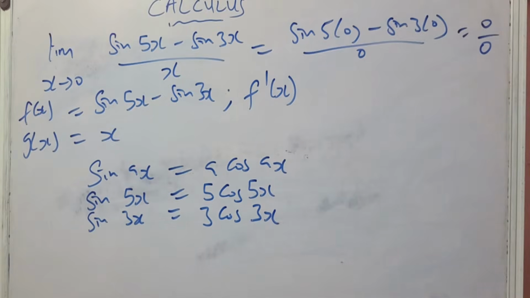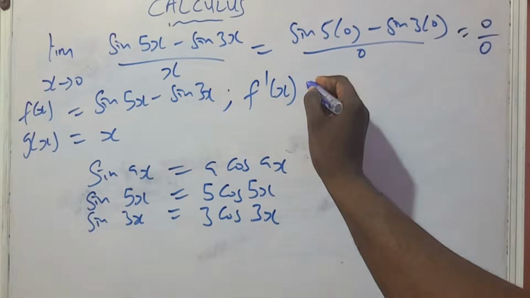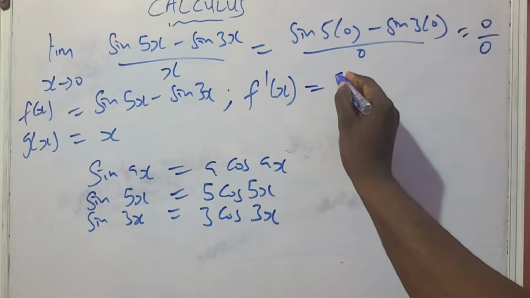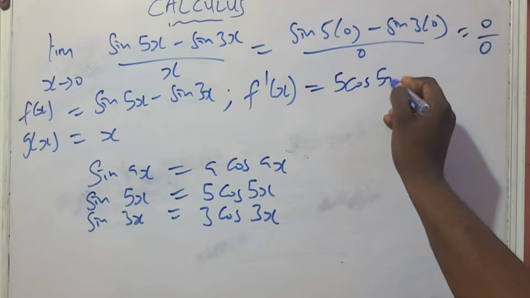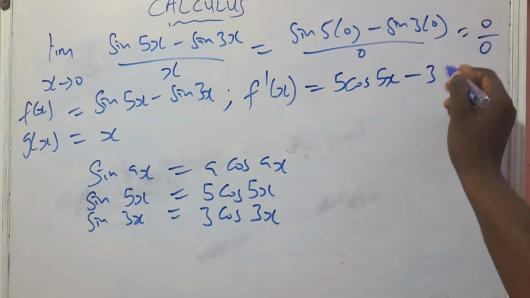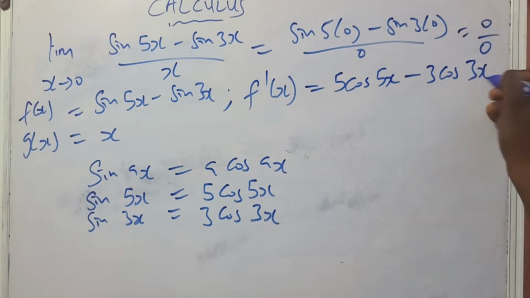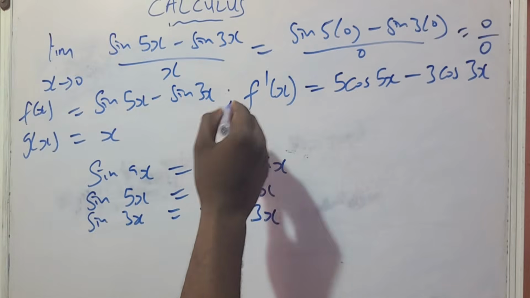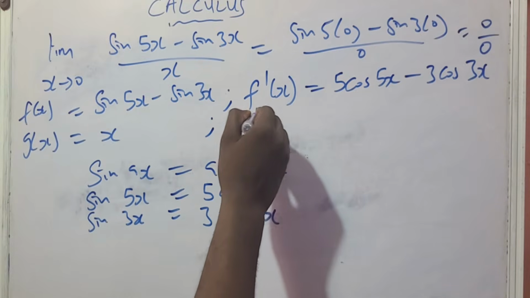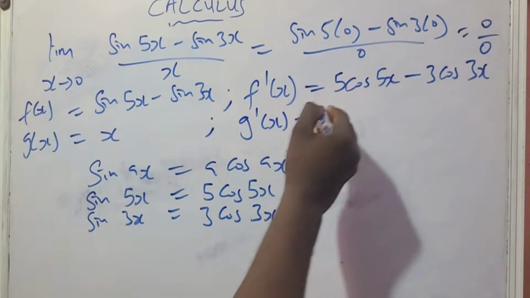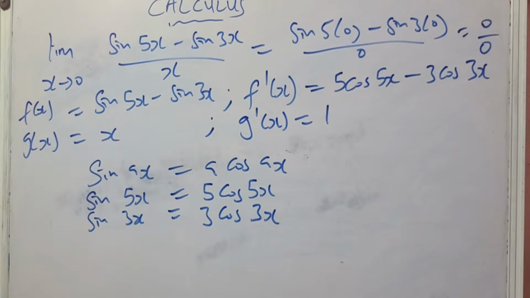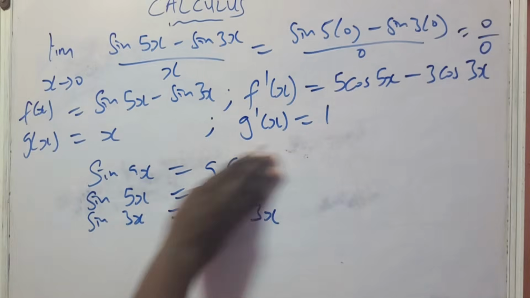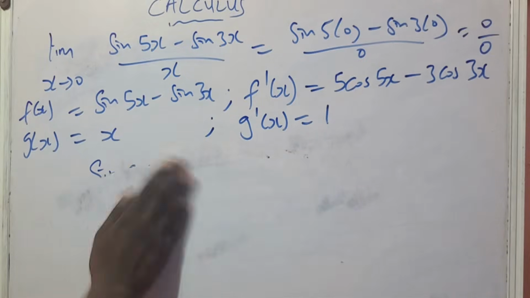It's not something you have to rack your brain on. So this will be obviously 5 cos 5x minus 3 cos 3x. All right, that's the derivative of the function we have in the numerator. And for the denominator, this is what we have, 1. I'm sure you agree with that. When you differentiate x, you get 1. Good. So this is a good place we have got into.